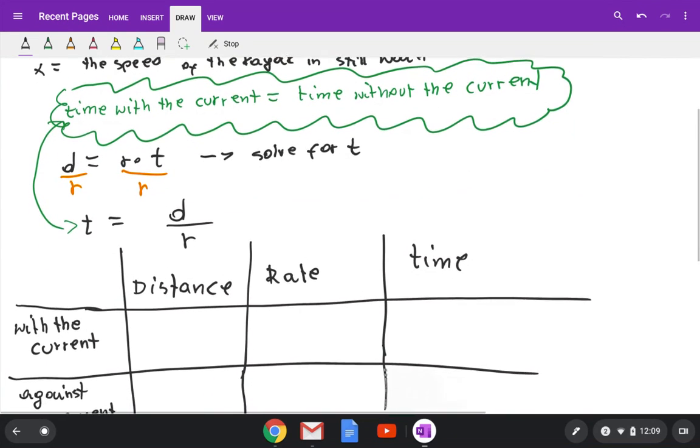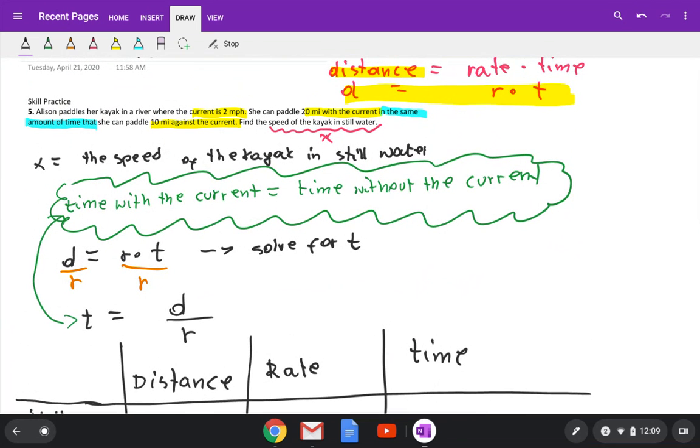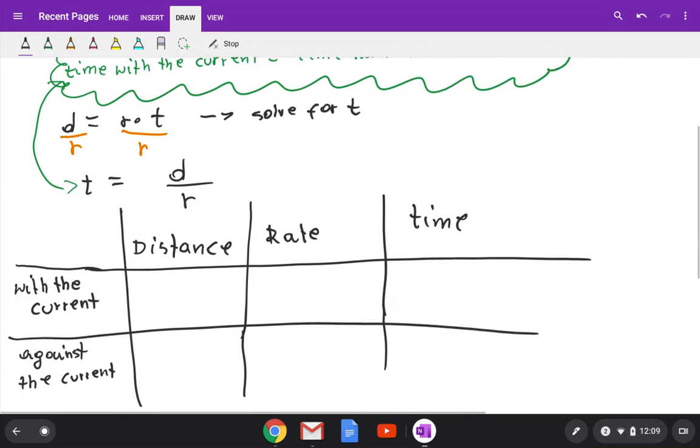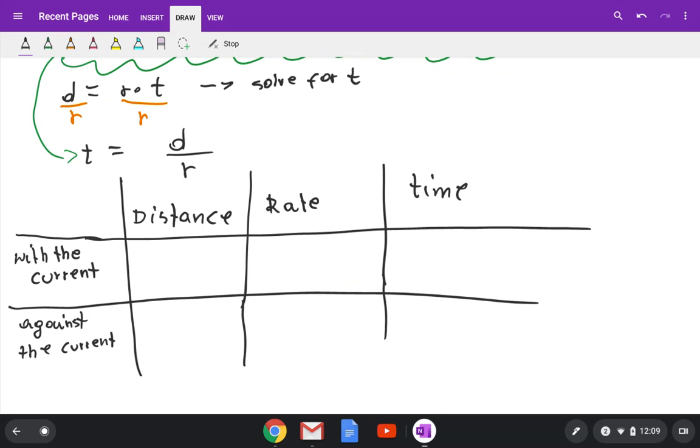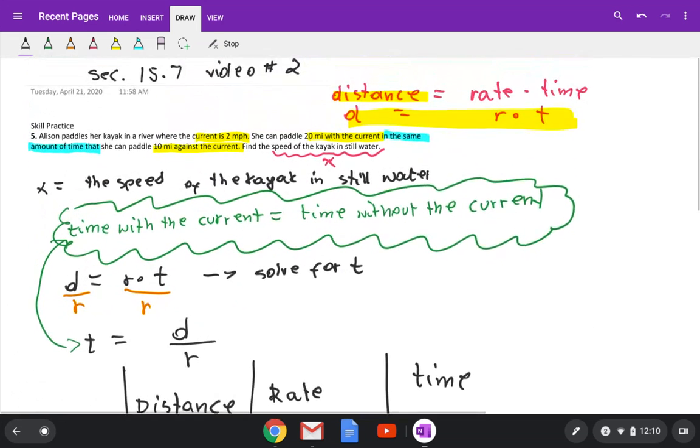First of all, don't forget that x represents the speed of the kayak, which is the rate. So with the current or without the current, of course, we're going to have a speed of the kayak. Now, with the current, our speed will be faster. Against the current, our speed will be slower. So let's go back to the problem.